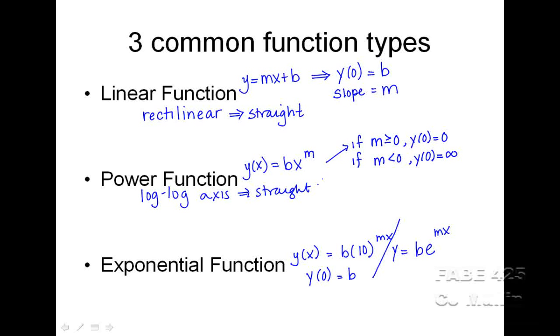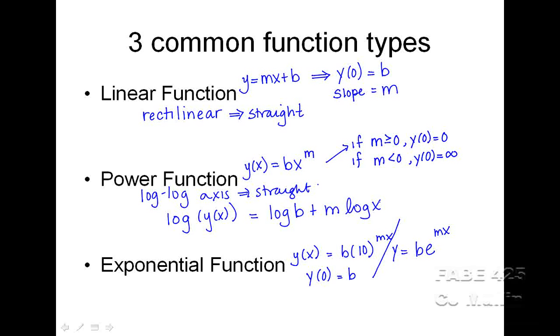If we go back to the equation and take the log of both sides, we end up with log of y equals log of b plus m times the log of x.